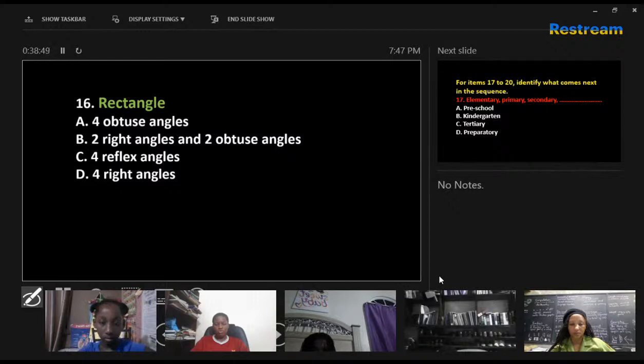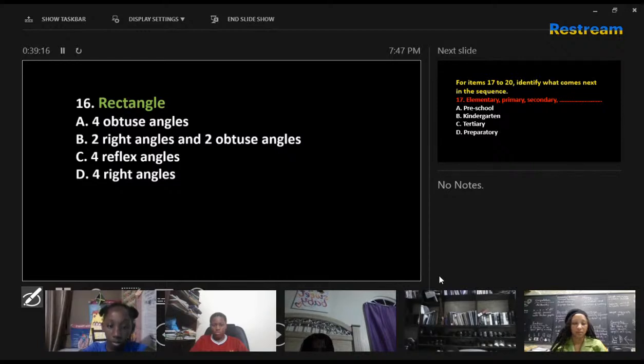Number 16. Rectangle. A, 4 obtuse angles. B, 2 right angles and 2 obtuse angles.